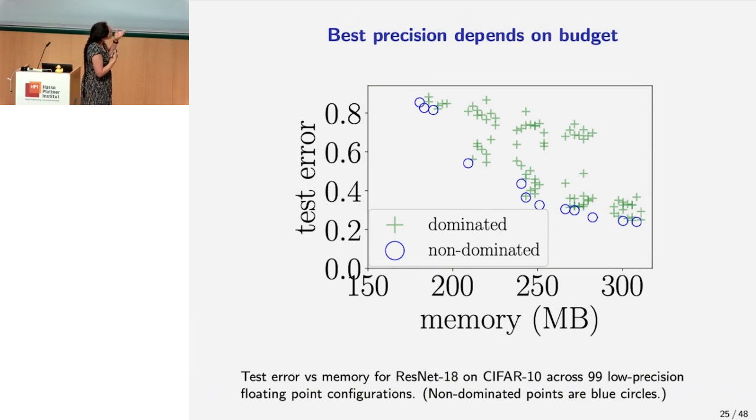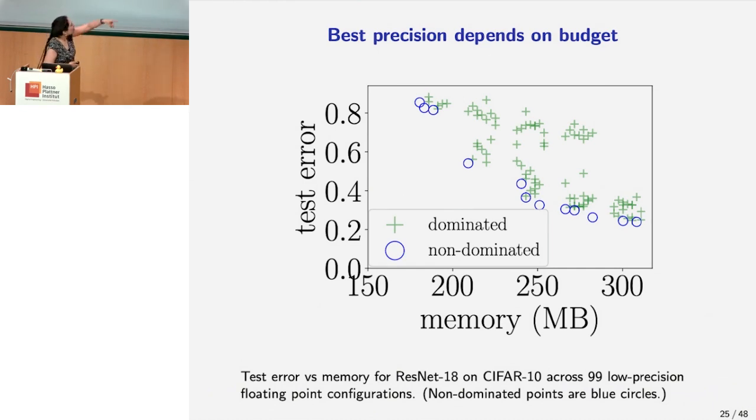We can divide these into the blue circles, which are the ones you might use, where depending on your memory budget you pick the one that meets your budget but has the best test error, and the green ones, which you should never use. Never, never, never.